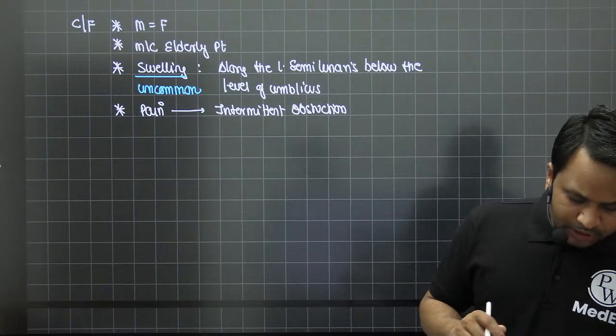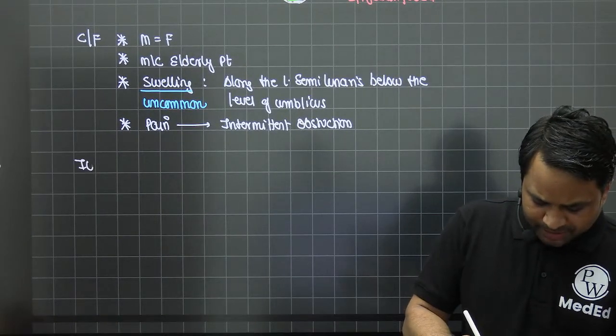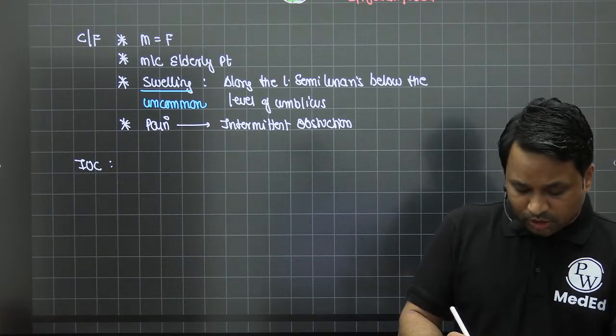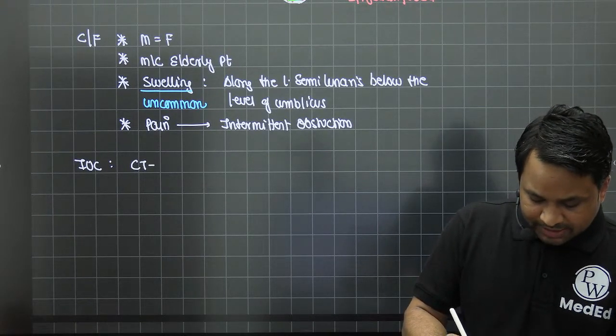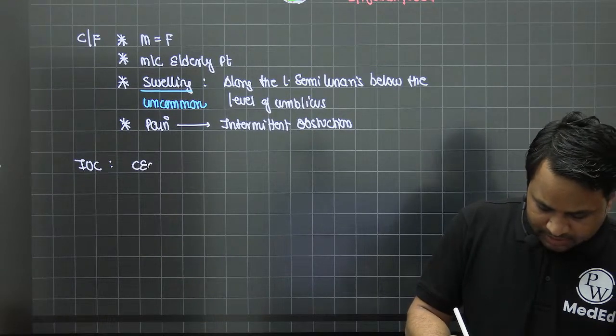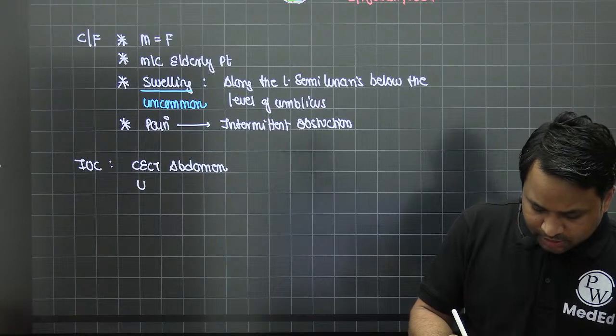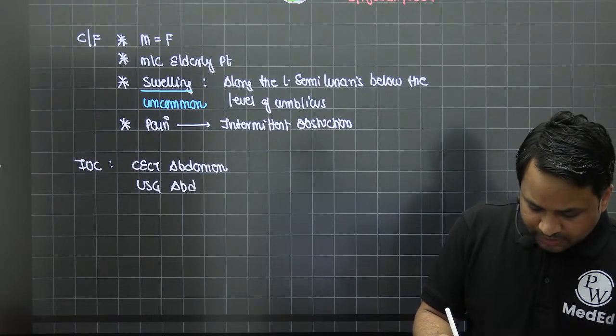Now usually, for the diagnosis of Spigelian hernia, you have to resort to CT. CECT of the abdomen is the investigation of choice. You can also do the ultrasound of the abdomen to look for the same component.